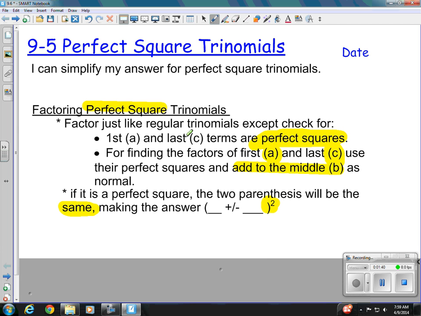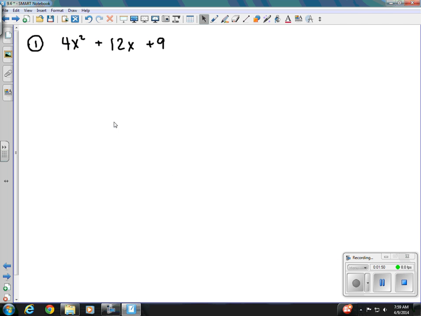So let's factor some trinomials using what we learned today. We got to check, make sure they're both perfect squares, and then we factor like normal. Okay, so let's see. Our first example has 4x squared plus 12x plus 9.